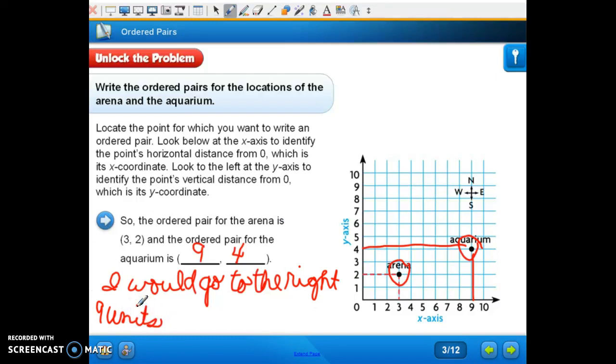It doesn't give us a measurement, so we just call it units, comma, and then what? Go up 4 units.